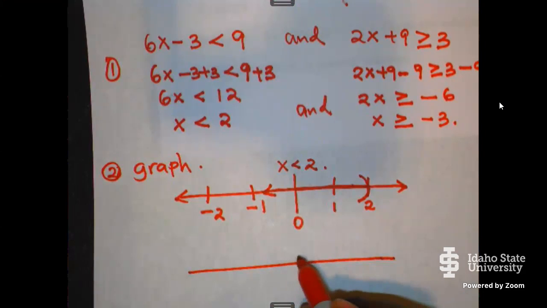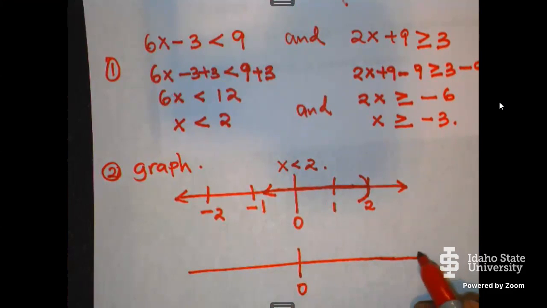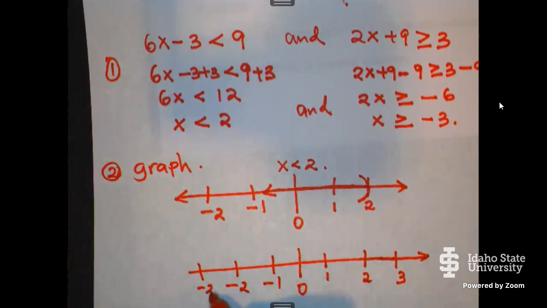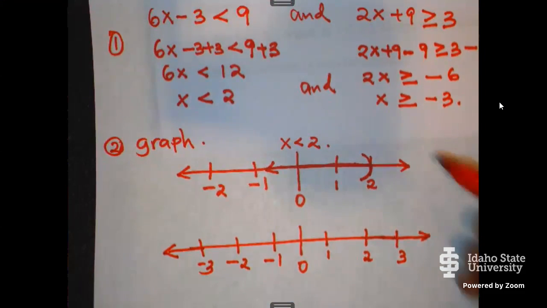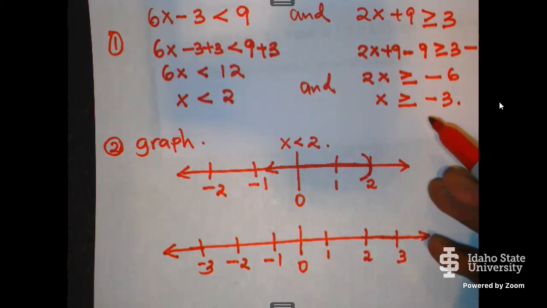You draw again this 0. So this is 1, 2, 3, negative 1, negative 2, negative 3. So this is x greater or equals to minus 3.